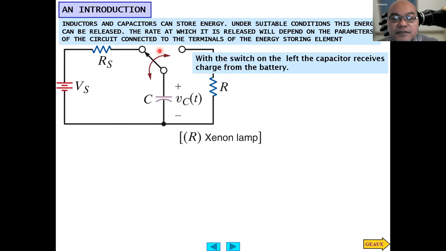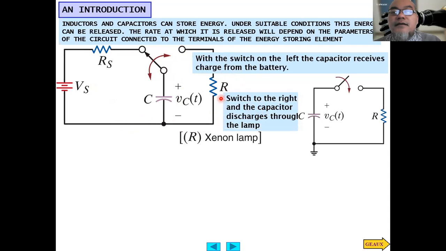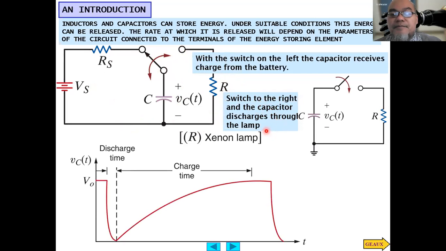Then when it is switched to the right hand side, the charge inside the capacitor will be released and flow as a current to the load, represented by this resistor. Then the switch to the right, and the capacitor discharges through the lamp.